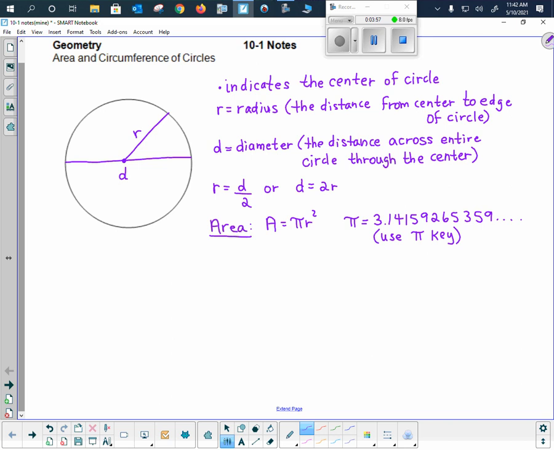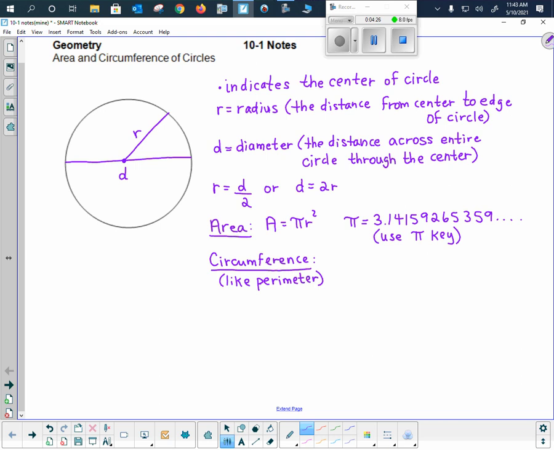Now the next thing you need to know is circumference. Circumference is like perimeter. You use perimeter for any shape that's not a circle. Perimeter means the distance around the outside of a shape.